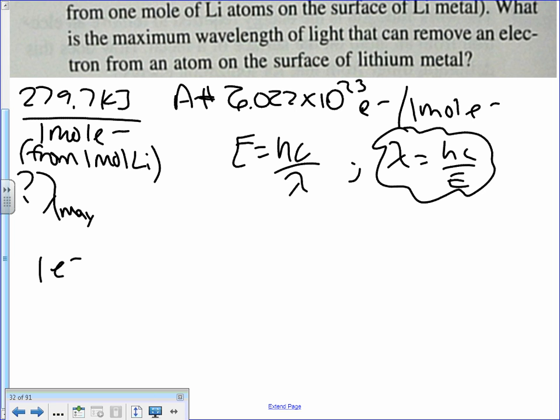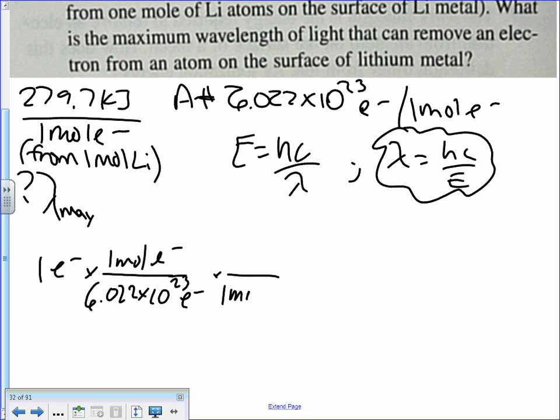Noting what we are given, go to moles of electrons, right? So 1 mole of electrons has 6.022 times 10 to the 23rd electrons in it. Okay, so electrons cancel. I'm in moles of electrons. What has to be my next step? It's all based on what's given. 1 mole of electrons has 279.7 kilojoules of energy in it.